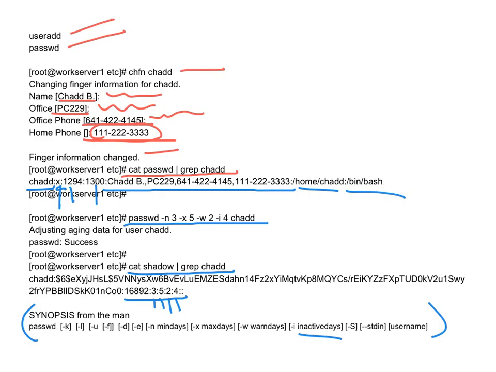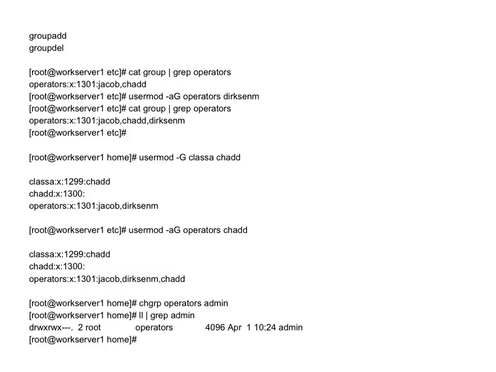So here you can see some of the actual commands that we used in the class. I got one more page to talk about. So, add a group, delete a group. We didn't actually delete any in class, but those are the commands, and then you actually have the name behind there. Then here we actually took a look at the group file for operators, and then you can see, I'll do this in another color.